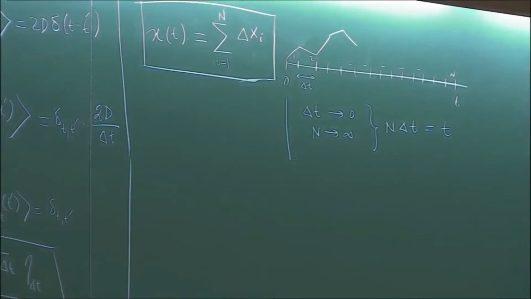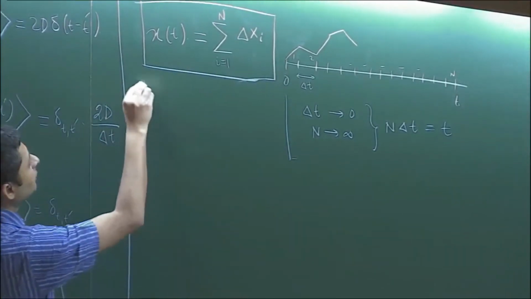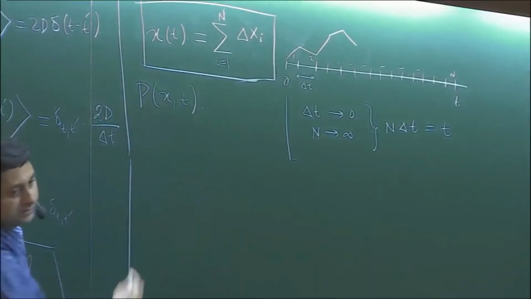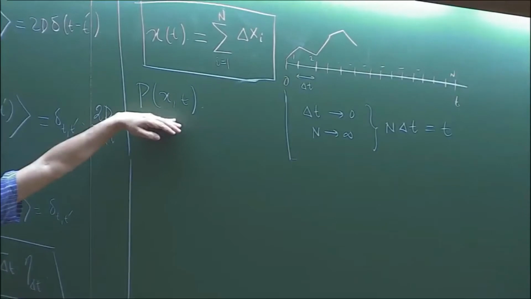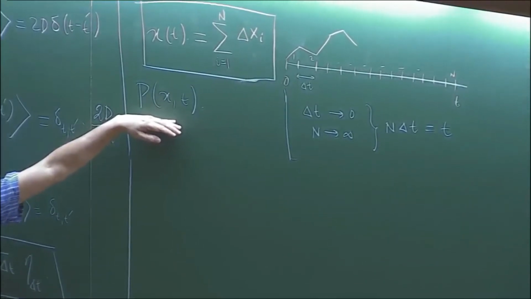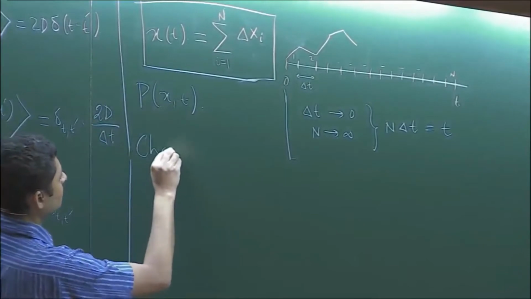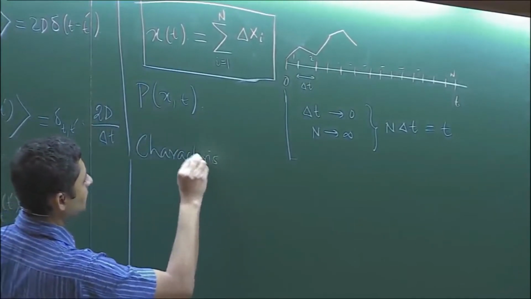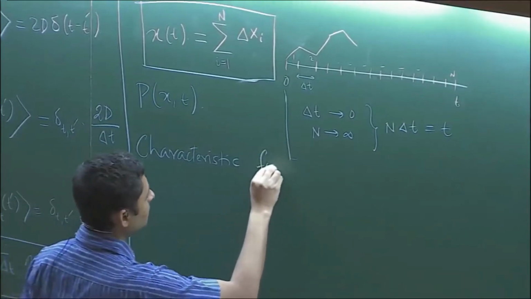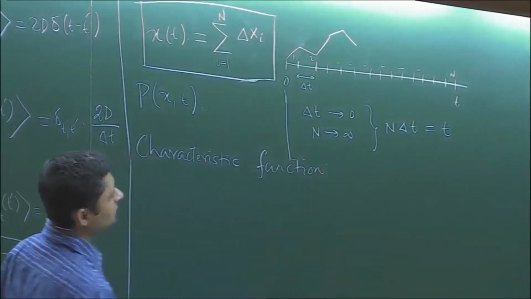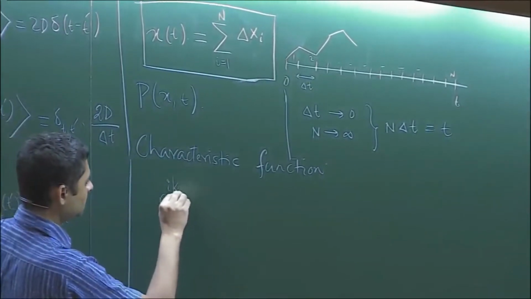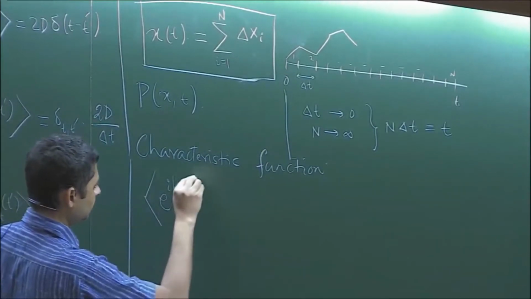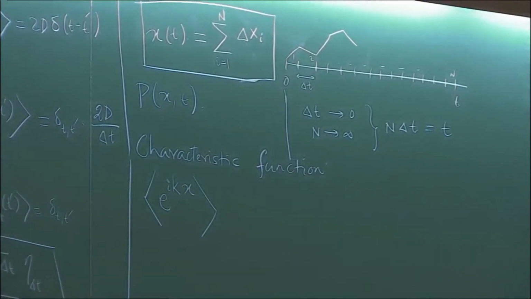So finally what do we want to calculate? We want to calculate p of x t, right? But one of the ways to calculate p of x t is, not calculating p of x t first, but looking at something called the characteristic function. So what is a characteristic function? This is the average of e to the power ikx.